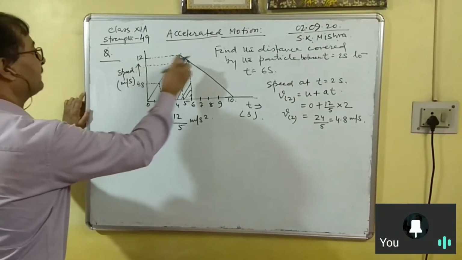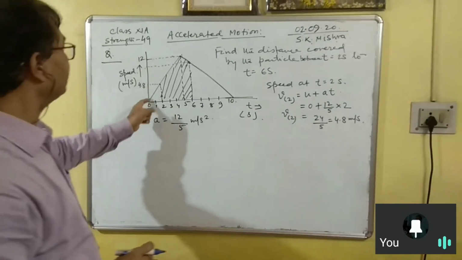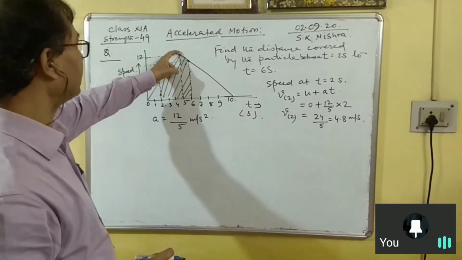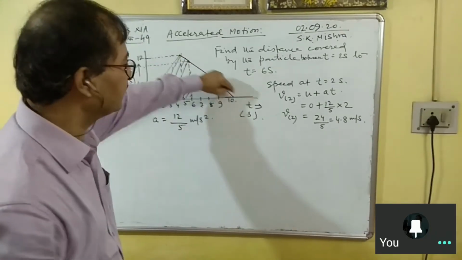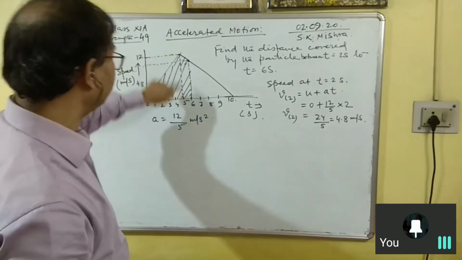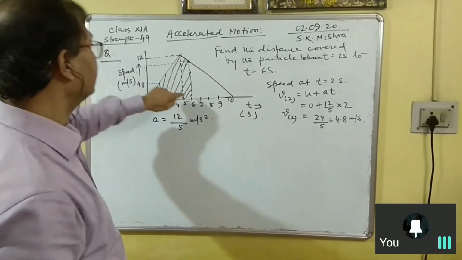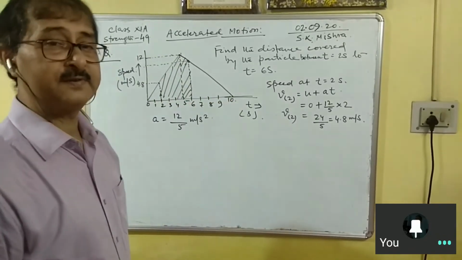Now think about the speed at the end of 6 seconds. After attaining the maximum speed, 12 meter per second, the particle starts decelerating. So this will be treated for this region as deceleration. If you find deceleration, deceleration is also 12 by 5, but with a negative sign.